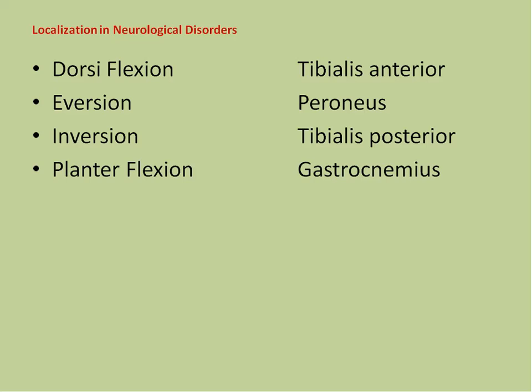Sciatic nerve lesions are painful, giving a lot of pain posterior to the thigh, running down to the leg. However, if the patient cannot do any movements, the foot is just dead, hanging down, no dorsiflexion or plantar flexion, no inversion and eversion, it means the L5 nerve is involved.